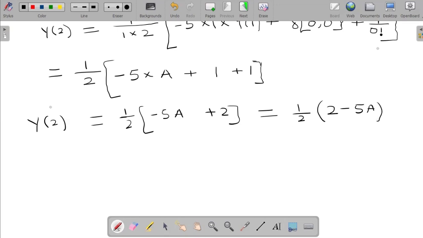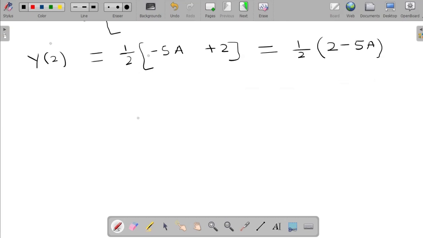So that's our y of 2. So let's quickly go for 2 more terms.